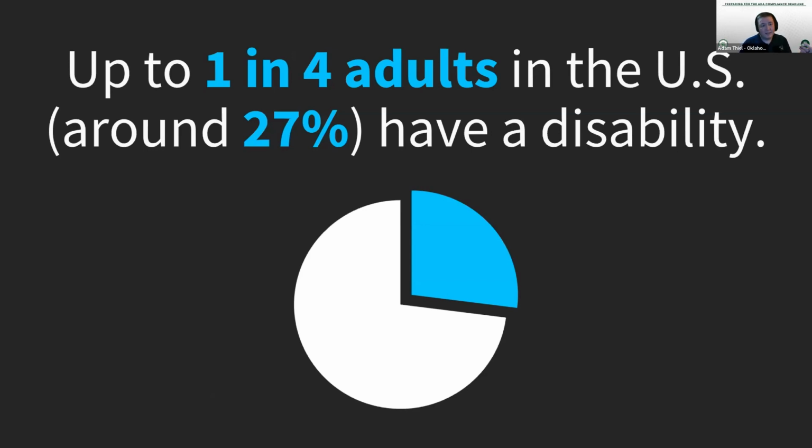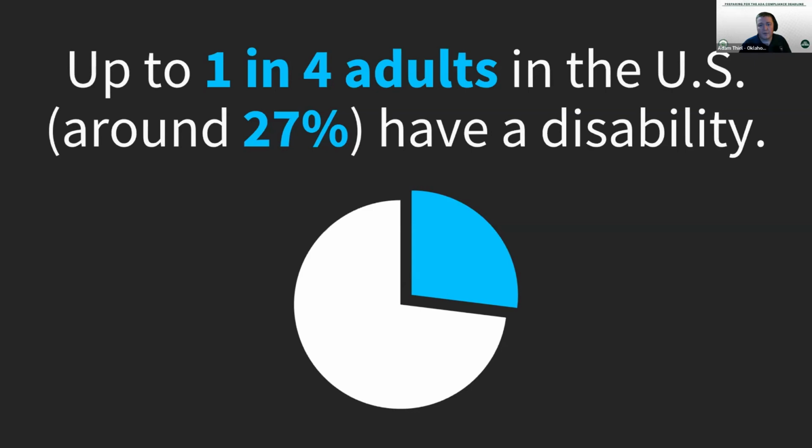Well, about 27% of adults in the U.S. have some form of documented disability. And this number is actually conservative because it is based off of people that self-report. There are going to be a lot of people that either don't consider themselves to have a disability or don't self-report that they do. And so this number is actually fairly low.